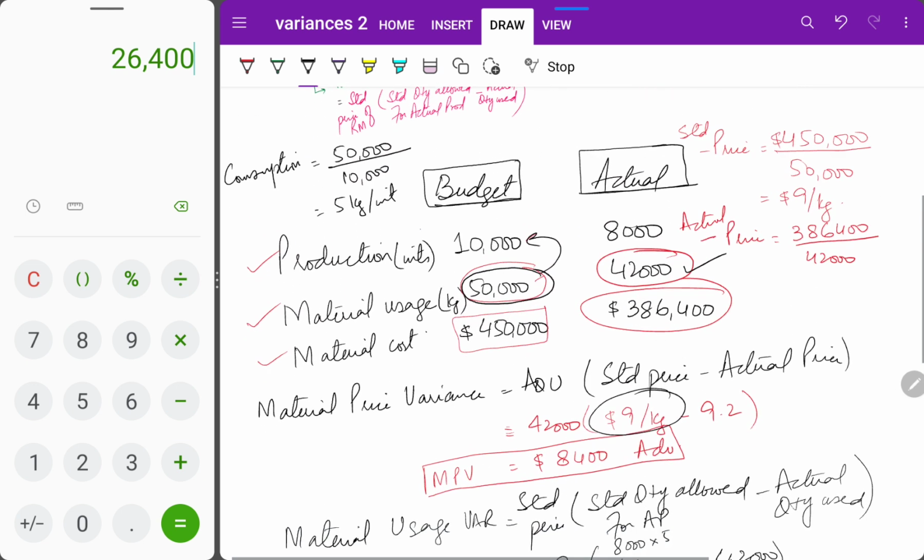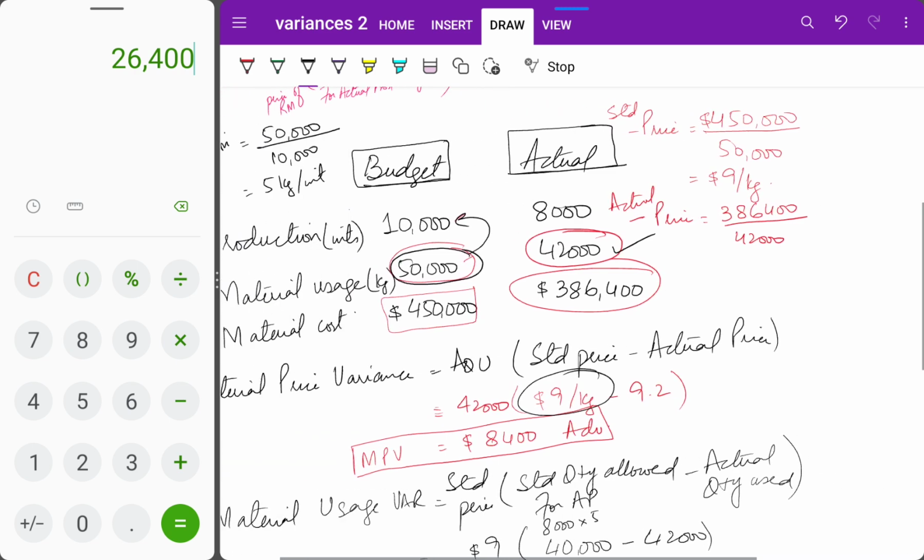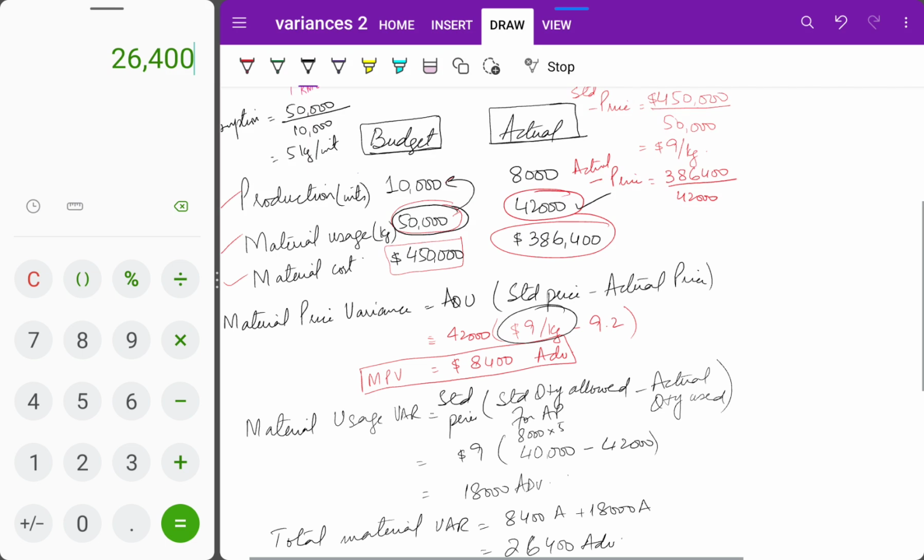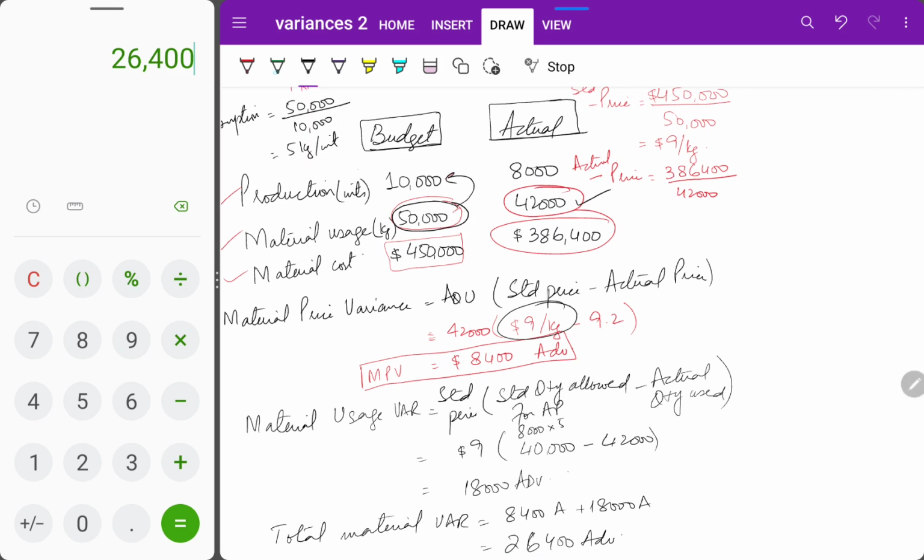If you want to calculate total material variance directly, how can you do that? Simply calculate the standard material cost of actual production. Actual production was 8,000 units. We were expecting the company to manufacture 10,000 units with material cost of 450,000.